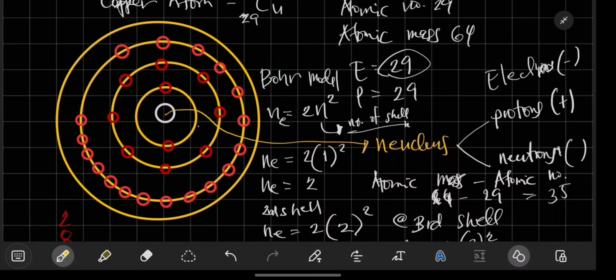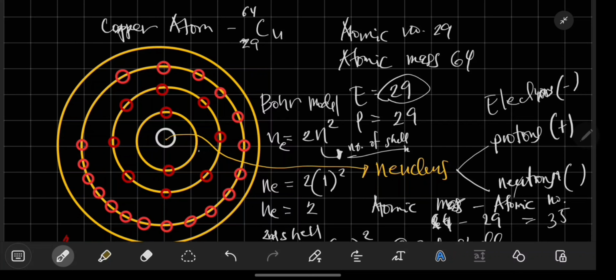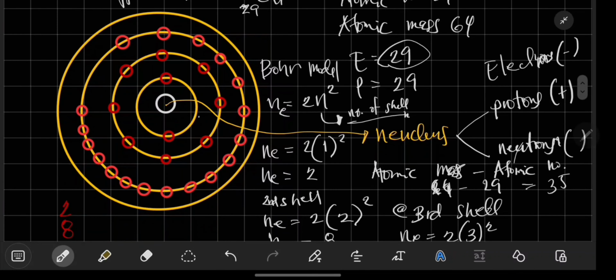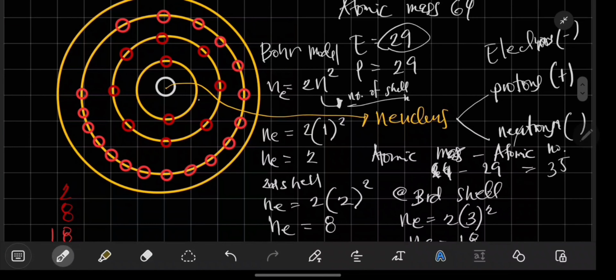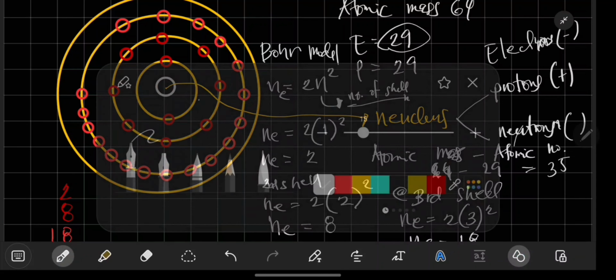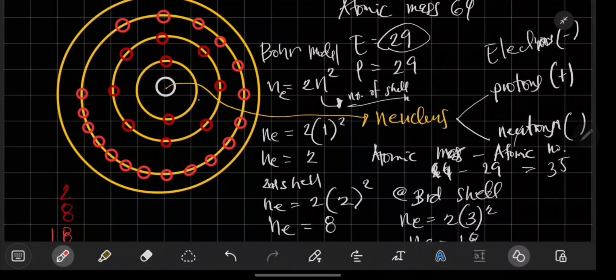Okay? For the outer shell, we have only one electron. Okay? So, dito na lang natin lagay sa baba yung remaining one electron. Okay? That one. Okay?